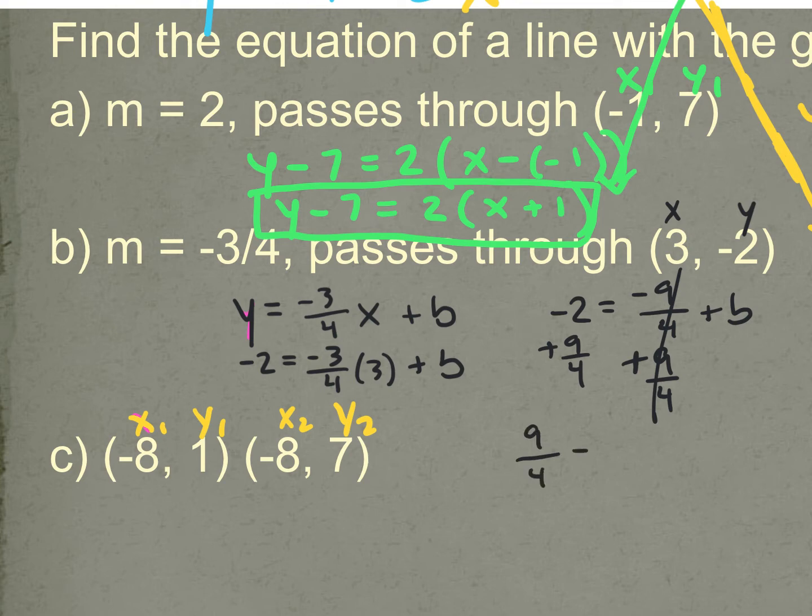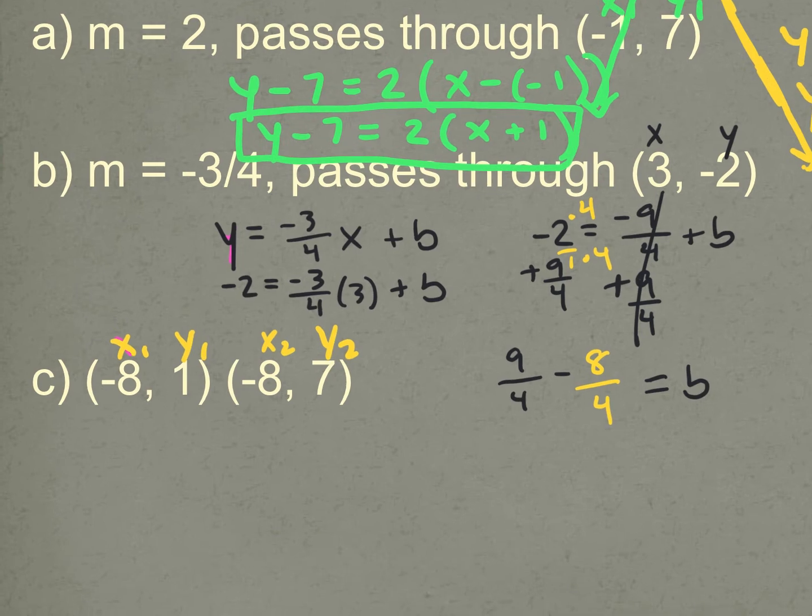So I'm going to say 9/4 minus 2, and I want my denominators to be the same in order to combine fractions. So what do I have to do to that 2 to make it have a denominator of 4? 8/4. Awesome. I would multiply the top and the bottom by 4, so it becomes 8/4. So I have 9 minus 8, which would be 1/4, is equal to b.